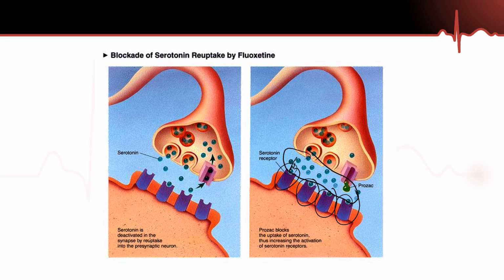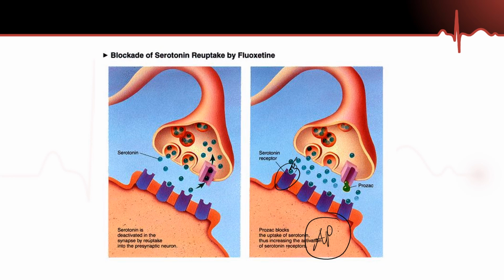Now, what does serotonin, this chemical messenger, this neurotransmitter, do to other neurons? It causes other neurons in the brain to generate these things called action potentials, these electrical impulses. Okay?